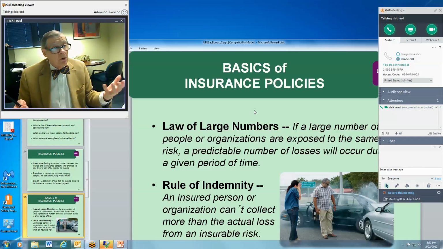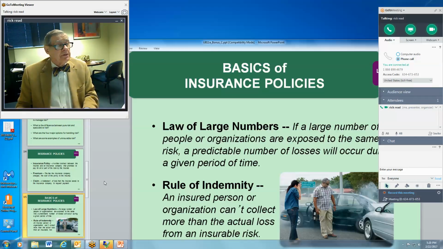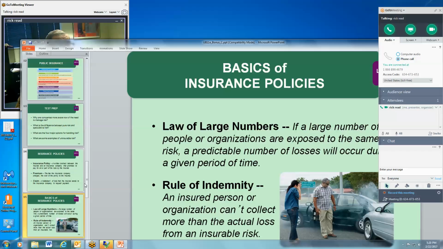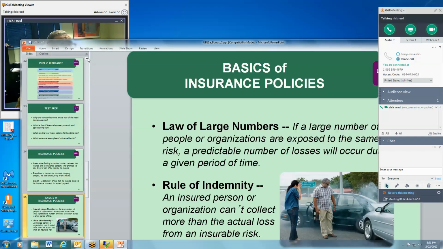And whatever you pay is worth it because it gives you peace of mind among other things. And the rule of indemnity is you can't collect more than the actual loss from the insurable risk. So if you're insured for $50,000, for instance, you can't collect $100,000.